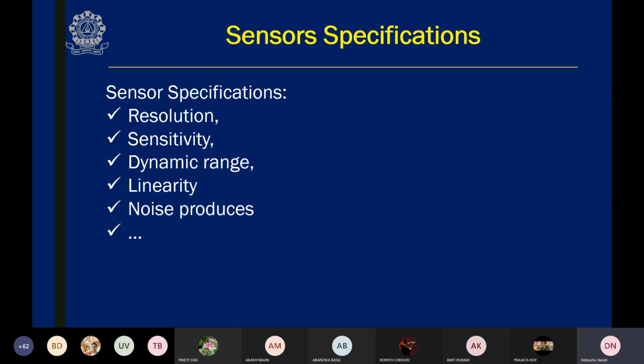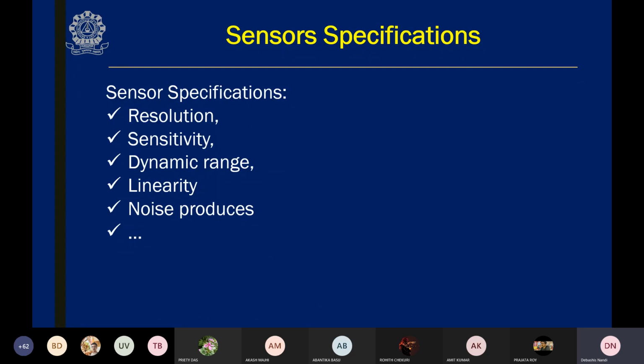If you want to purchase, for example, a camera, you should say what type of camera you want, what its resolution should be, the megapixels, and so on. What should be the dynamic range, what should be the noise produced by the camera. So all these things are basic specifications.